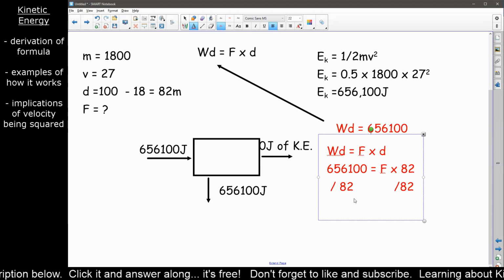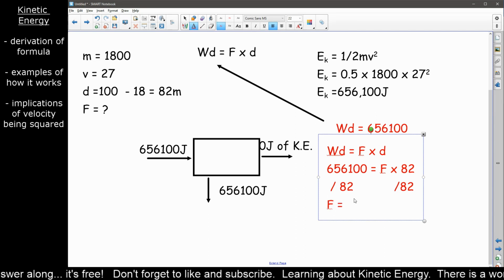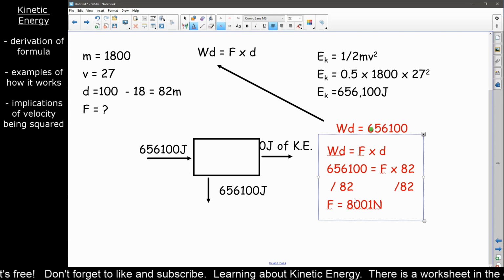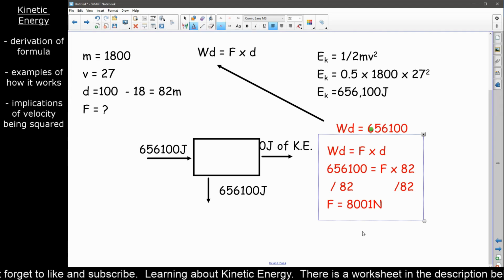And that's going to give us, once you grab your calculator again, an average braking force F is equal to 8001 newtons. So I need to hit this thing with 8001 newtons on average in order to stop before I hit my pedestrian.